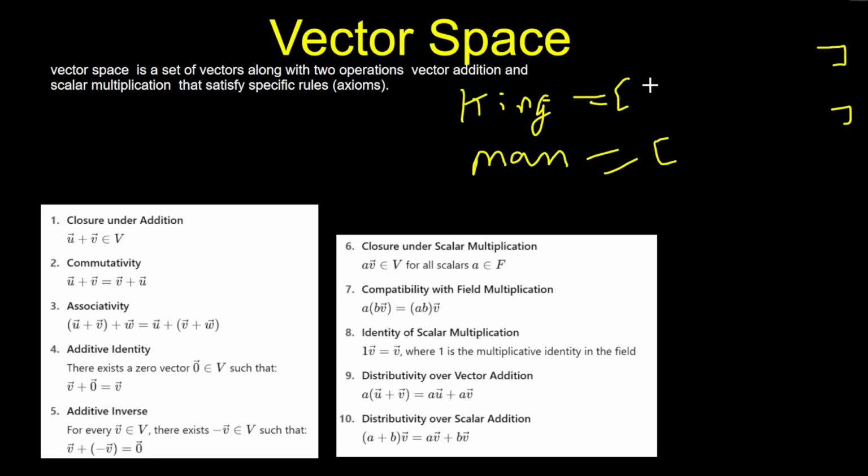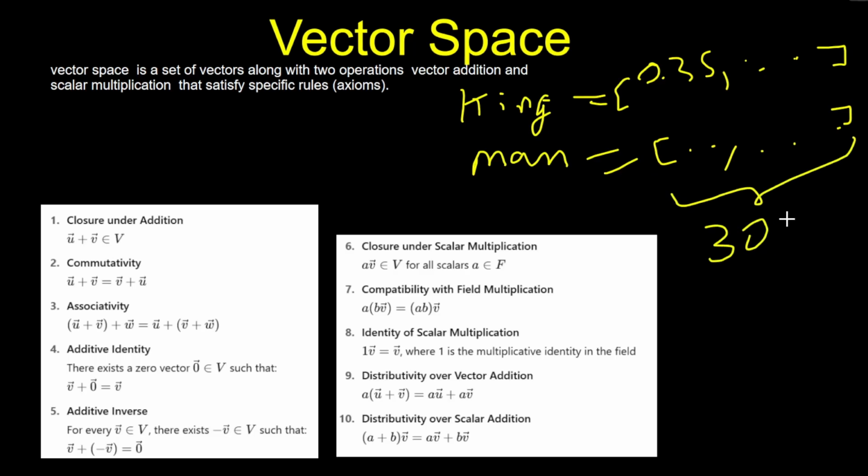So let's say king is represented by a set of values like 0.2535 and so on, and man is also represented by a set of values, and these have 300 values or 300 dimensions. So this is a real-time example. This high number of dimensions is used in AI LLM models to get the vector embedding. So these have 300 dimensions, and these are in a vector space.